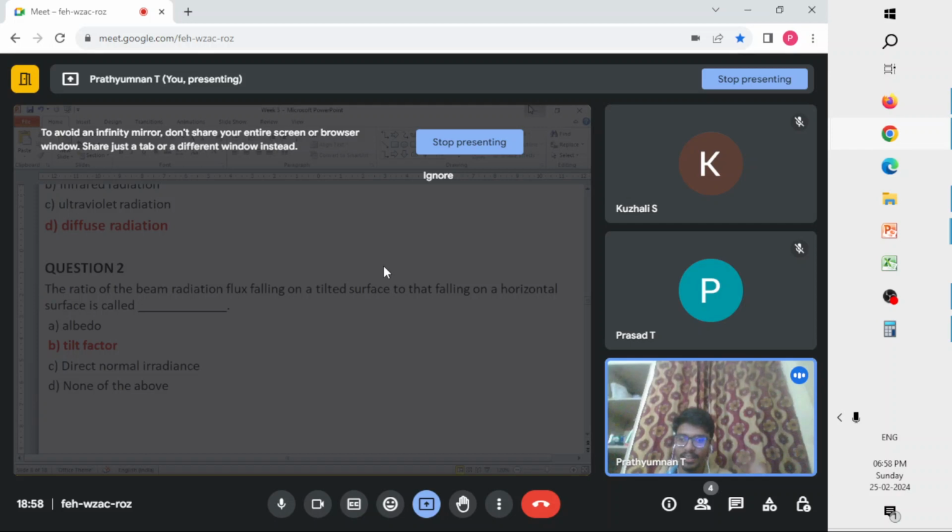I was thinking to deal with the week 3 assignment, but unfortunately due to time constraints we are not able to solve it this week. But next week, prior to starting with the biomass concepts, we will first do the week 3 assignment questions, and then we will start with the concepts related to biomass and classification of biomass, how biomass is a renewable energy, and what are the current scenarios of using biomass as a fuel.